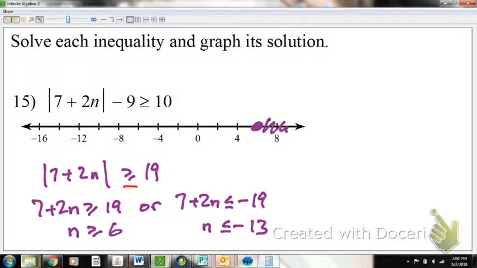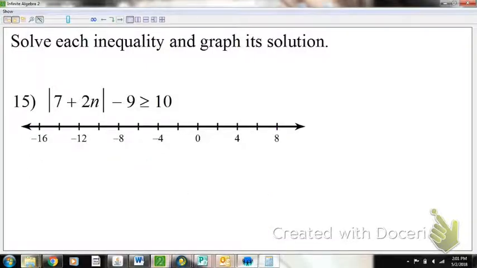Greater than or equal to 6 looks like that. Less than or equal to negative 13, negative 13 is right here, shades this way. All right, so that's how you do that. You have to remember to isolate your absolute value, and then you have to remember to flip the symbol, change the sign. Greater is or, less than is and.